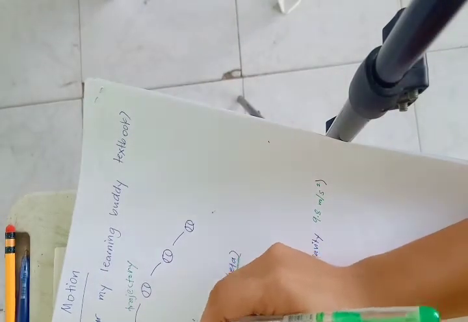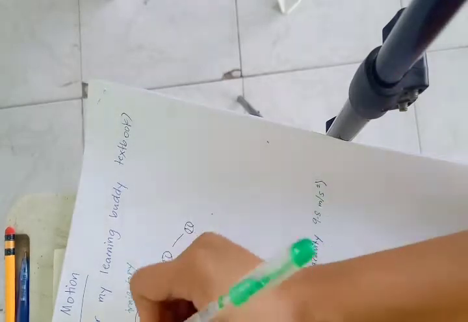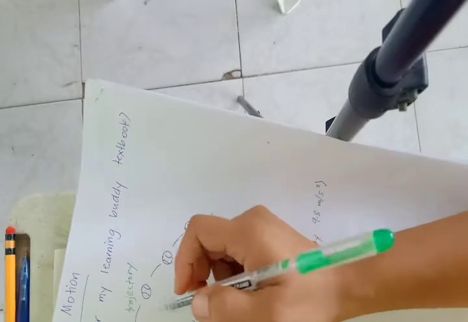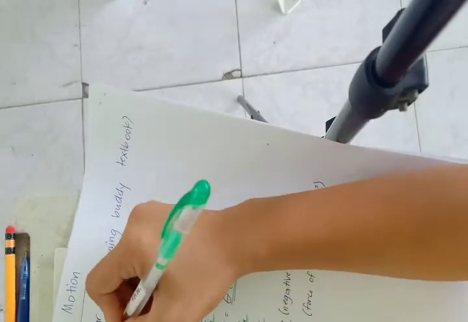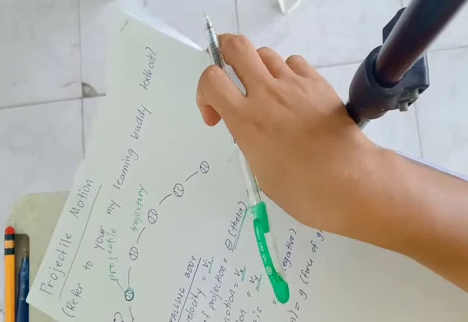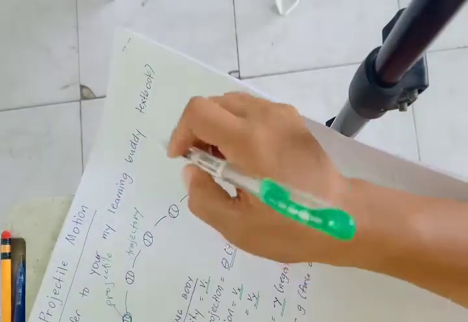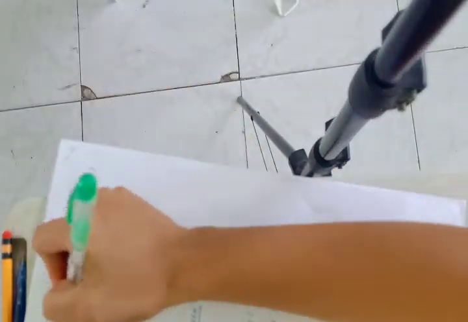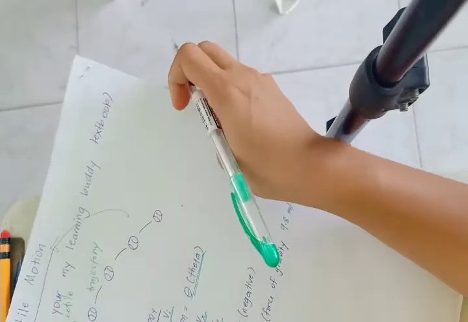Then a body moving in this manner, so the ball, again, a body moving is what we call a projectile. And then the whole thing, the motion itself, is what we call projectile motion.